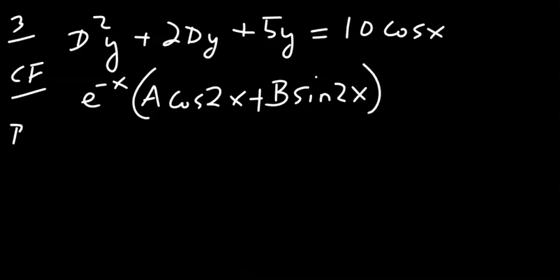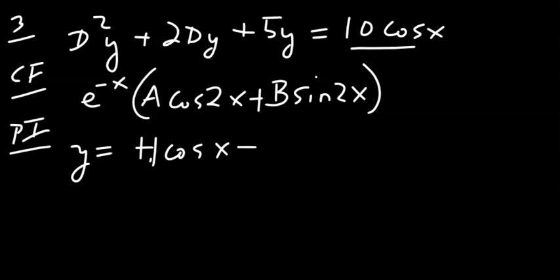Now let's do the particular integral. Particular integral is closely related to this function, so let's assume y is h cosine x plus g sine x, where h and g are to be determined.